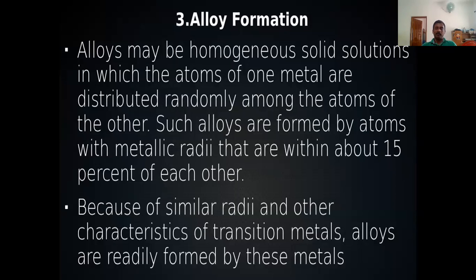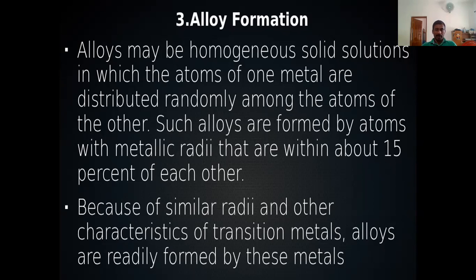Such alloys are formed by atoms with metallic radii that are within about 15% of each other. So that is the condition for the alloy formation. The difference between the metallic radii should not be more than 15%.